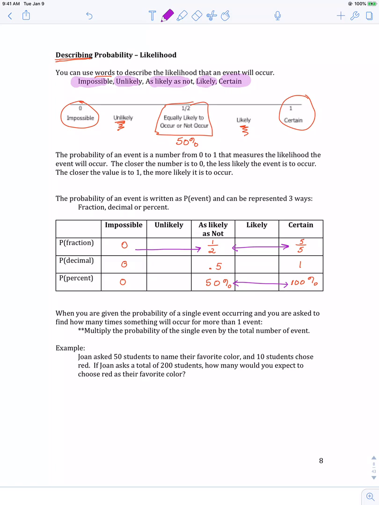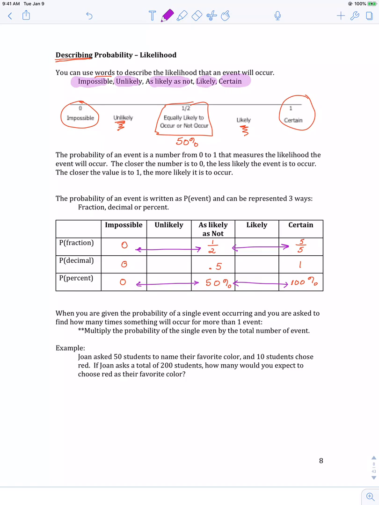And unlikely is in between 0 and 1/2, or 0 and 50%. It could be a 1% chance. It would be unlikely. Sometimes we say most likely or highly unlikely, but any number between 0 and 50 is unlikely, and any number above 50 and less than 100 is likely.